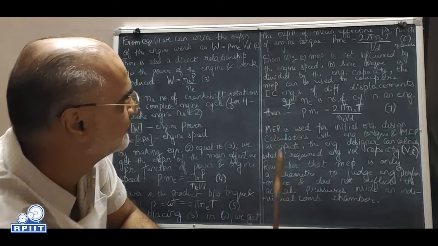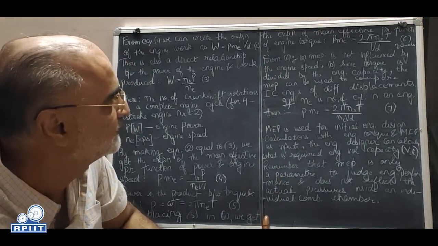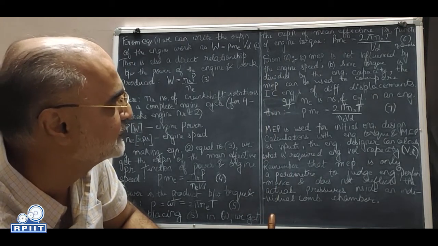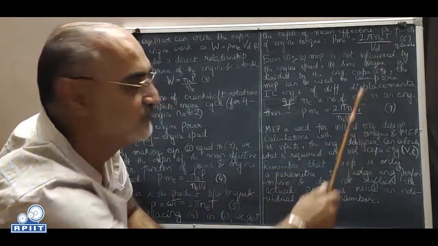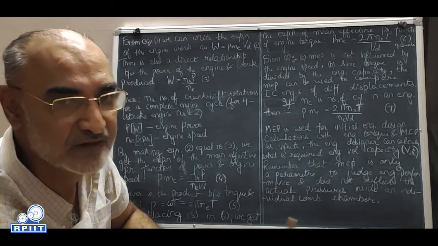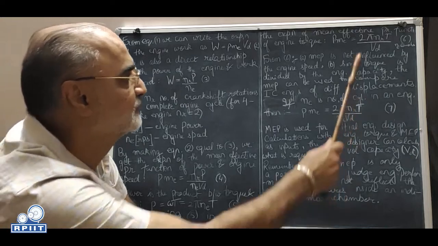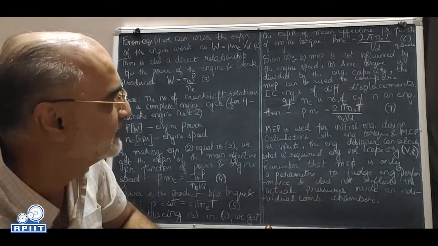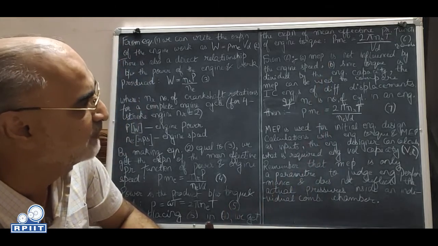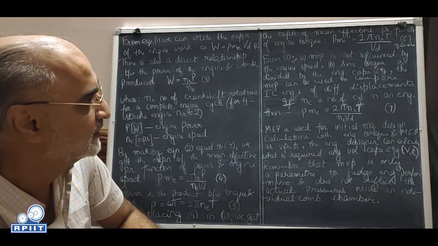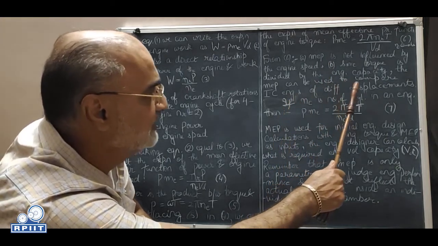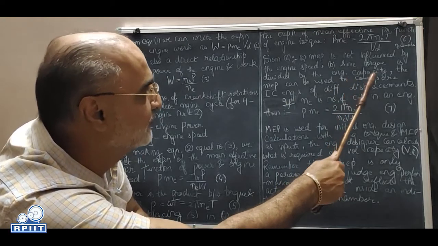Now from equation 6 we see that the mean effective pressure is not influenced by the engine speed. We have cancelled NE, so MEP is not influenced by the engine speed at all. It's quite apparent from this equation. Secondly, since torque is divided by the engine capacity, if there are 4 cylinders, it will be divided by 4.